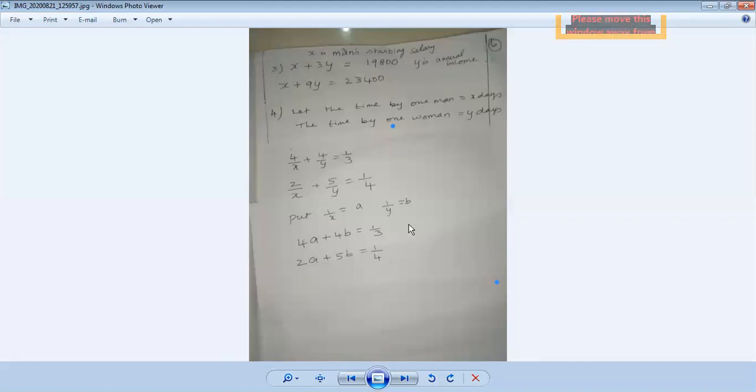This is a very, very important question. Find the values for a and b. Then convert the values into x and y. That gives the number of days worked by a man and the number of days worked by a woman. You will get it. If you have any doubt, you ask me.